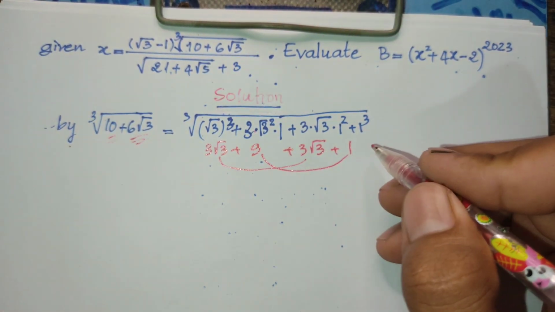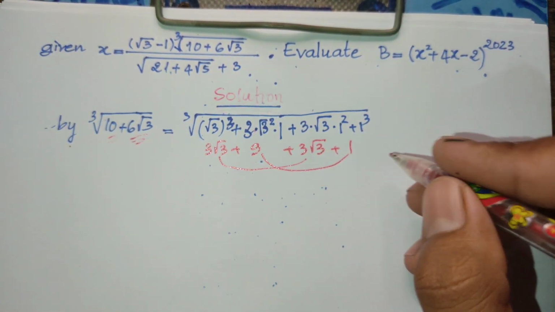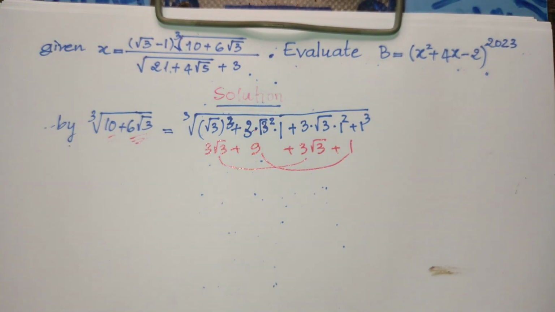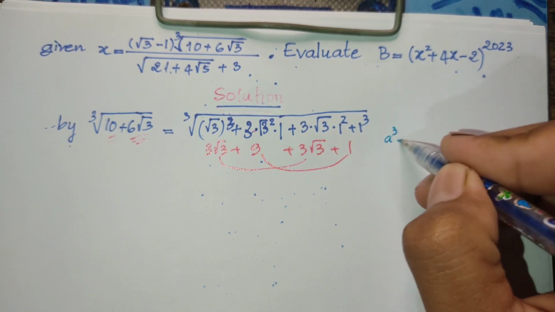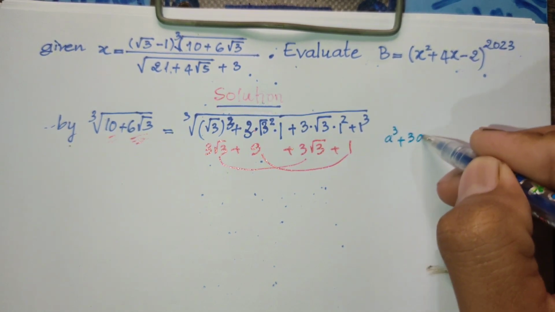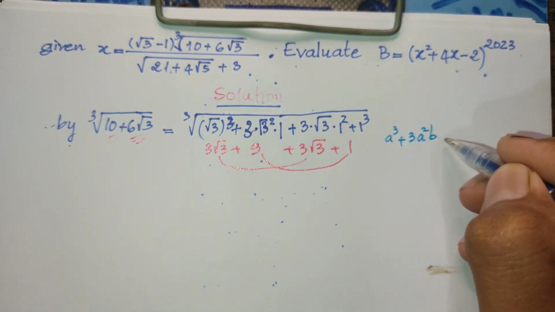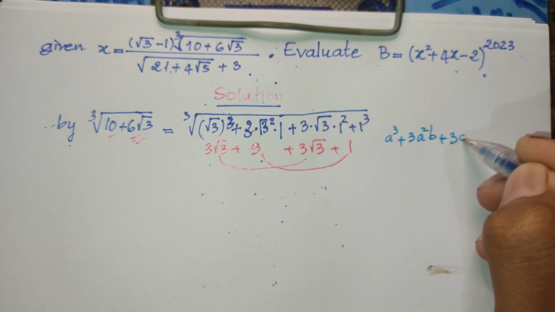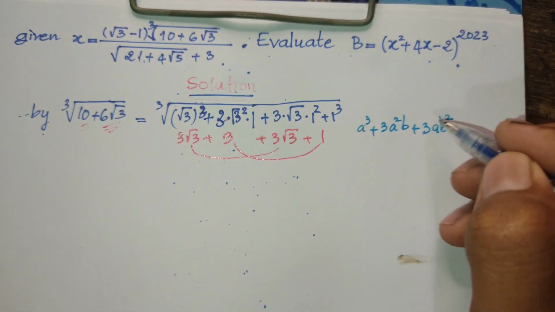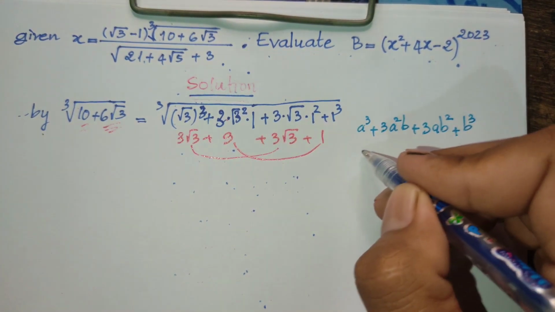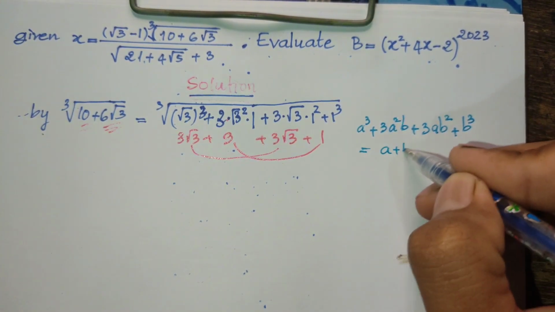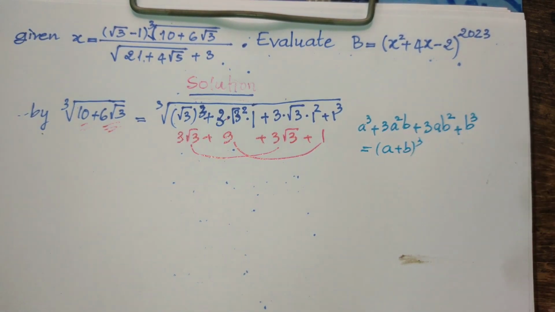Okay, now if we use the rule that we know: a to the power 3 plus 3a squared b plus 3ab squared plus b to the power 3 is equal to (a plus b) all to the power 3.